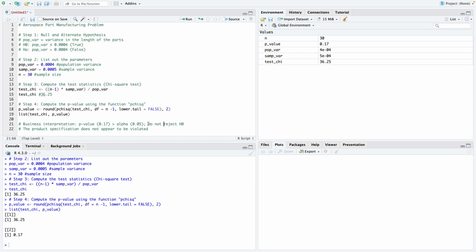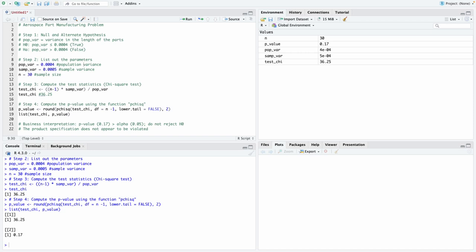Anytime you say do not reject H0, that means the null is true and the alternate is false. In this case, based on our analysis, the product specification does not appear to be violated because the population variance is less than 0.004. So please do take note of that.